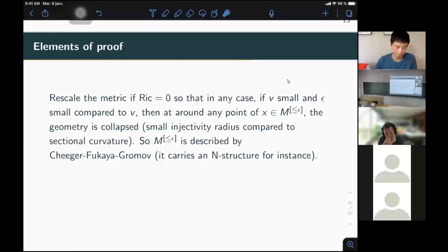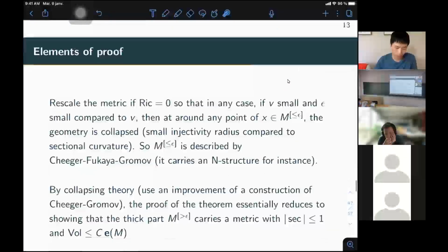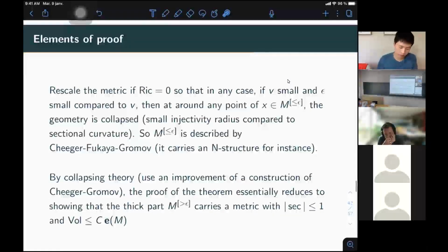Okay. So by using collapsing theory, and in fact you need to improve a certain collapsing construction by Cheeger-Gromov, I claim that the proof of the theorem essentially just reduces to showing that the thick part of your manifold carries a metric with bounded sectional curvature and bounded volume. So you want the volume to be upper bounded by the Euler characteristic.